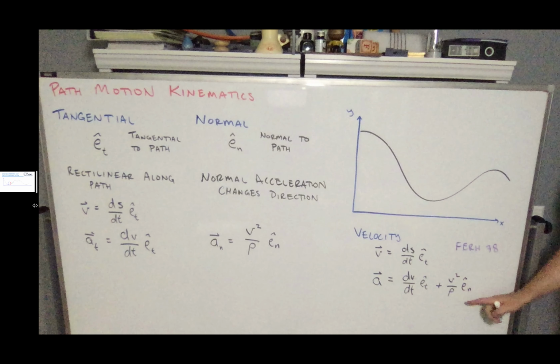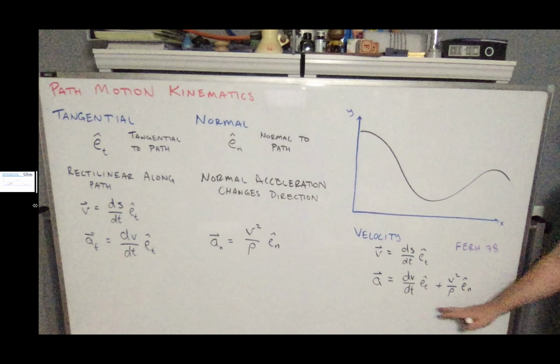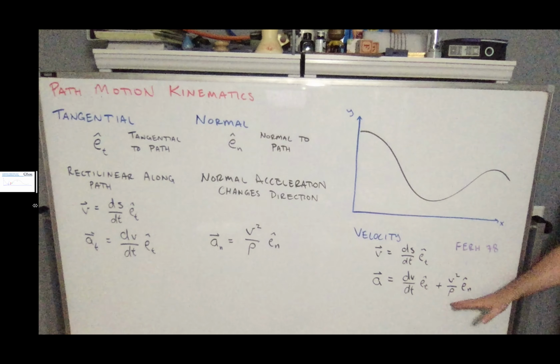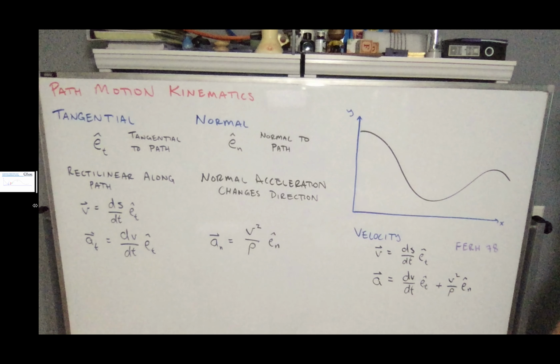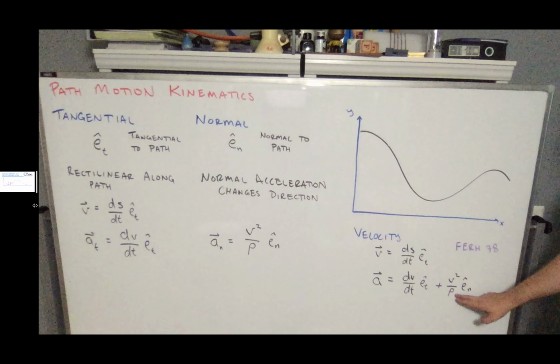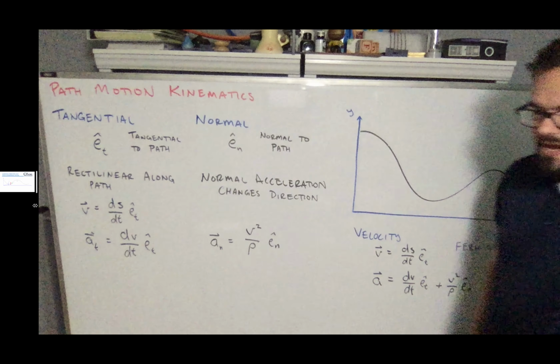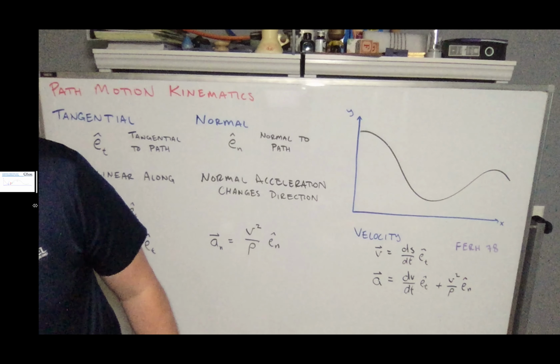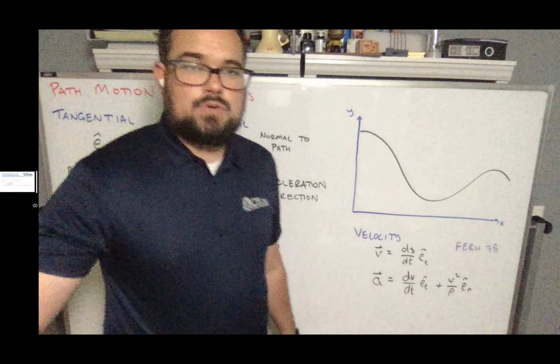To find the total acceleration, we'd take the square root of the sum of the squares of those two components, because it's still an orthogonal coordinate system. So dv dt and v squared over rho. If you want to memorize something, v squared over rho is the thing to memorize for our normal direction, radius of curvature. That's really what we've got going on there.